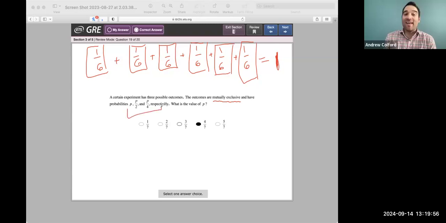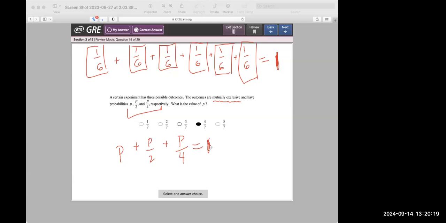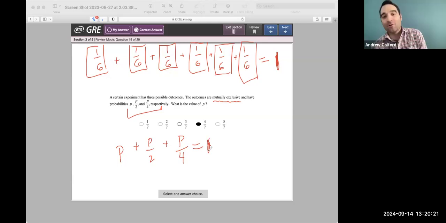And so we can just apply that to this. We're not dealing with a nice even die here. This is a loaded die. It's a 3-sided die with different probabilities. But P plus P over 2 plus P over 4 has to equal 1. You buy that jump? Yeah. And so then it's just an algebra problem.